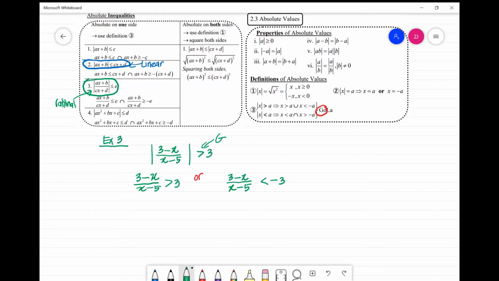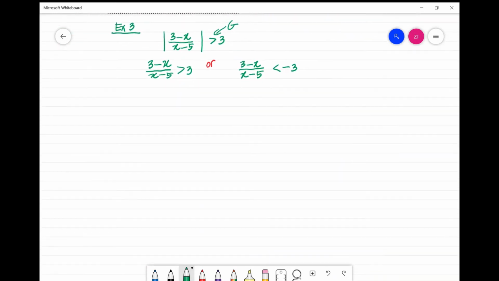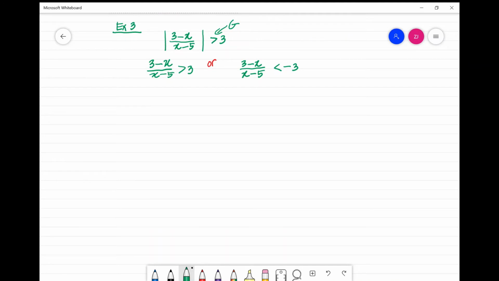We discussed before that rational inequalities are solved using a sign table. Since we have two rational inequalities, we are going to have two sign tables. Let's solve them one by one, focusing on the first one first.